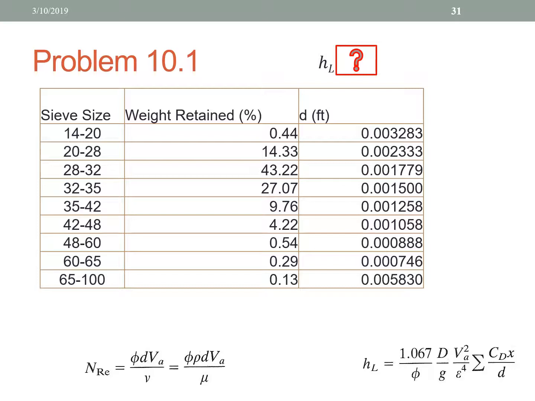Now the problem is asking to find head loss. You need to solve this problem the same as this. It will be in your exams. You need to follow the instructions on this problem that we try. First, you have to find velocity.